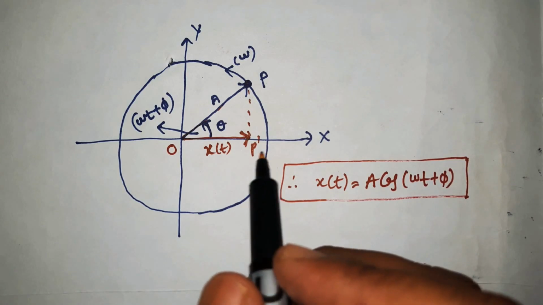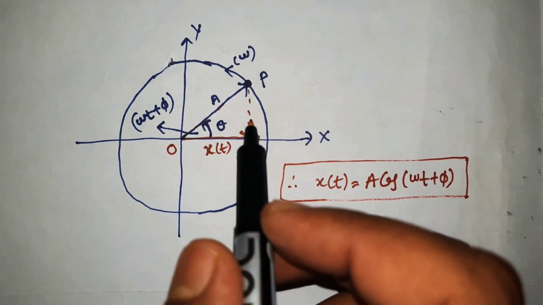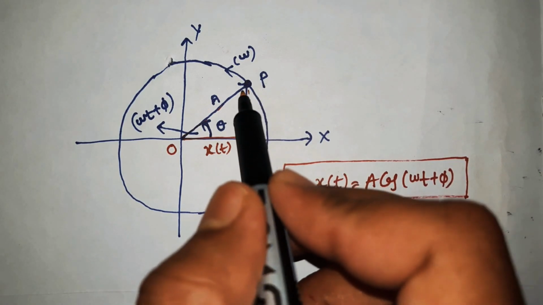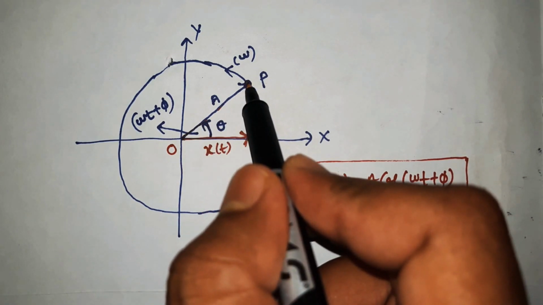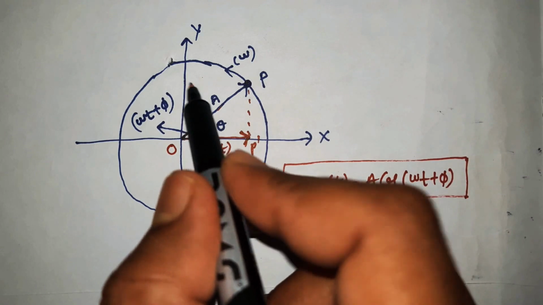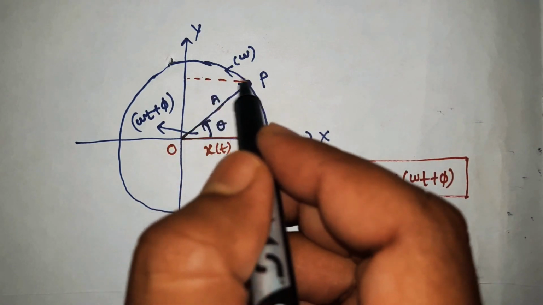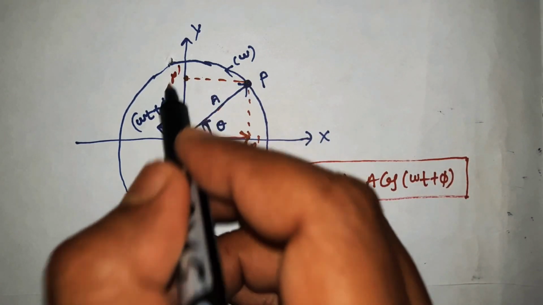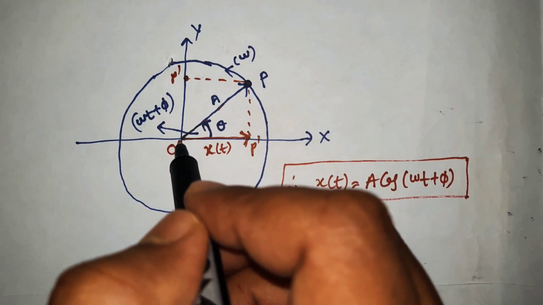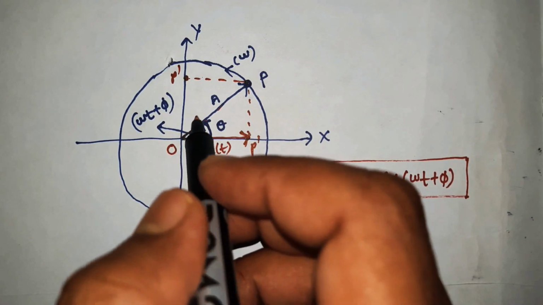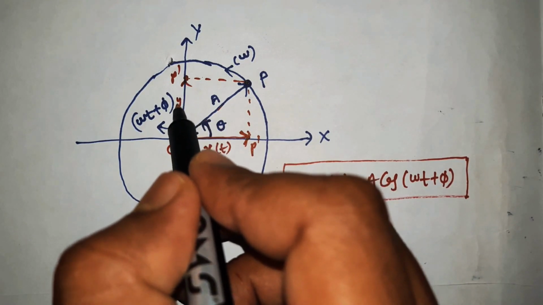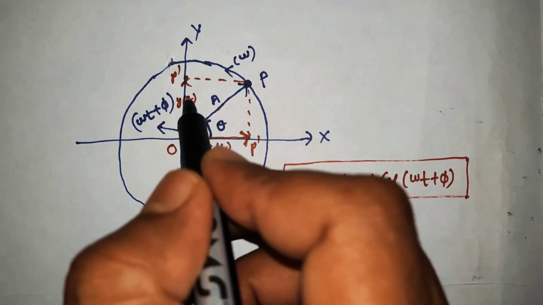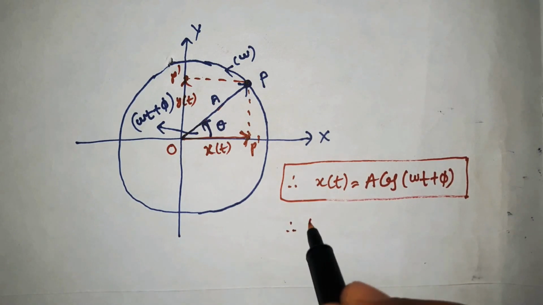Suppose I am taking the projection of position vector OP bar on y-axis, so it is here, P dash. So the projection OP dash is y of t. How can we write y of t?